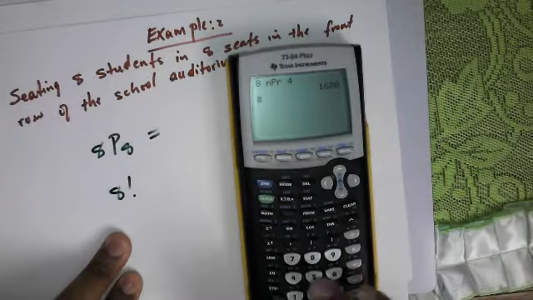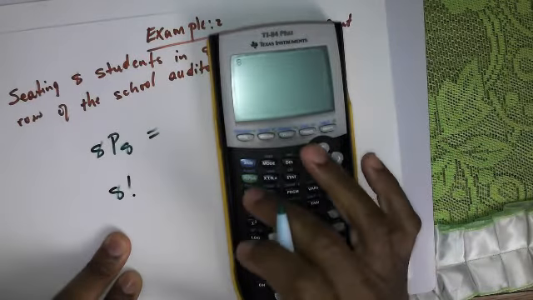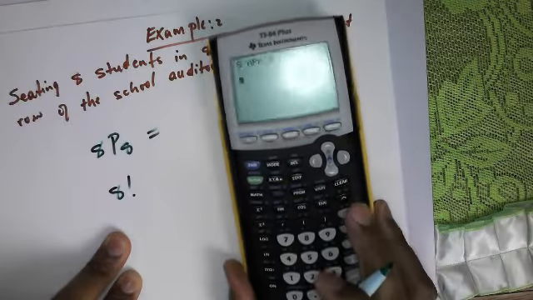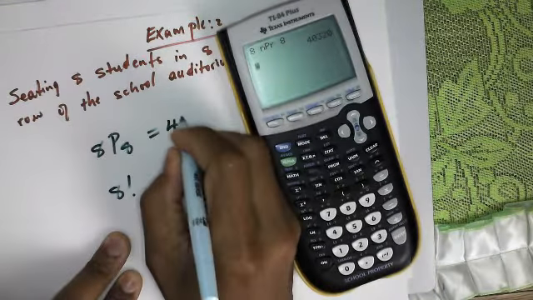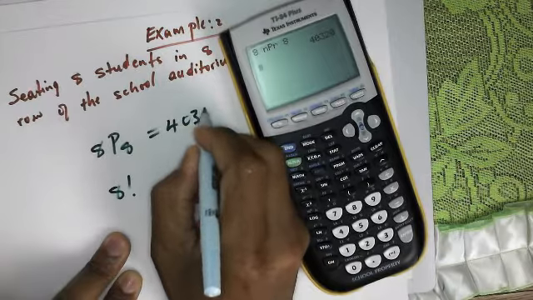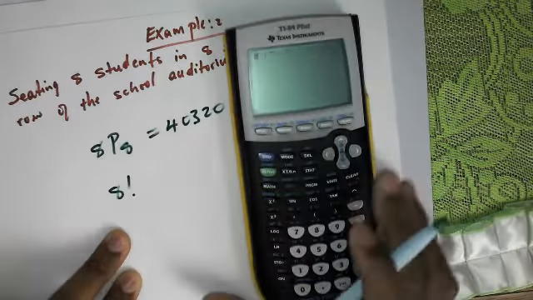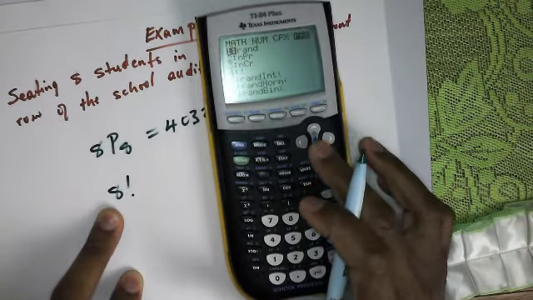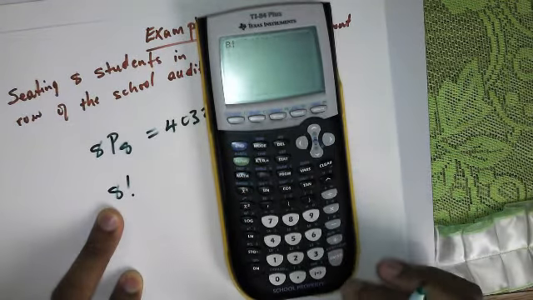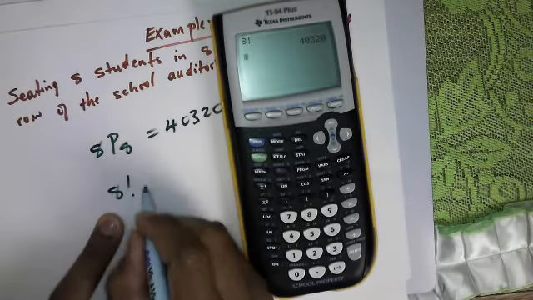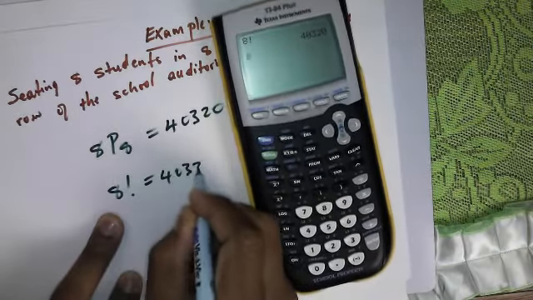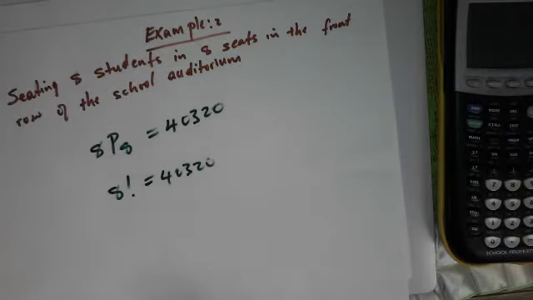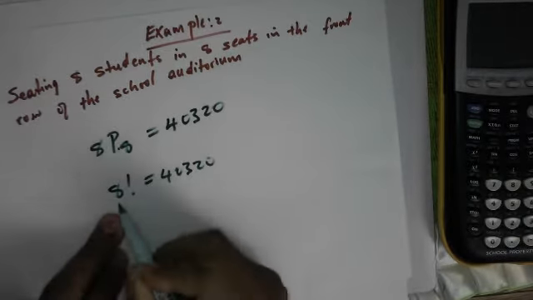Let me show you that it comes out the same. 8P8 gives you 40320. Or if I hit 8, go to math, come over to PRB, and come down to number 4, which is factorial, and hit enter, I get the same thing, 40320. So once you're seating things in a straight line, or arranging things in a straight line, it would be a permutation, or n factorial.